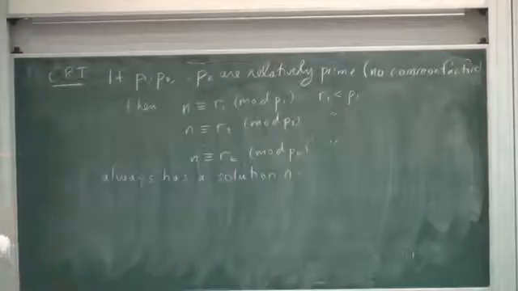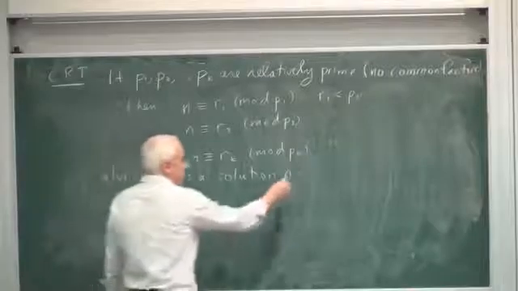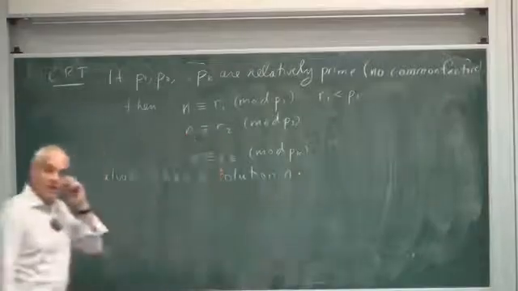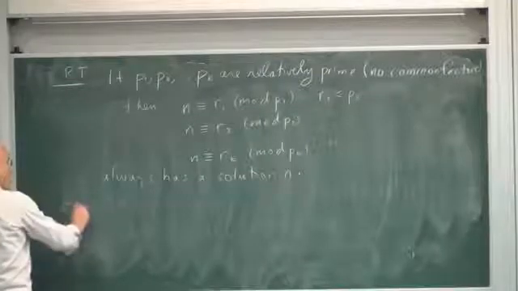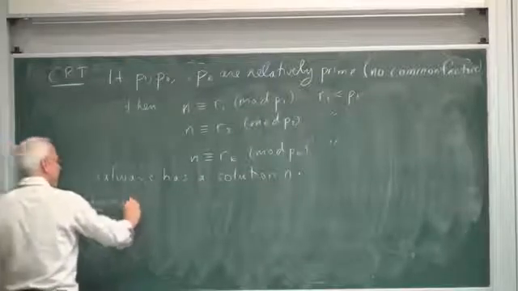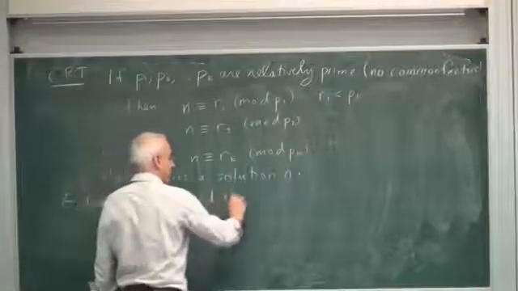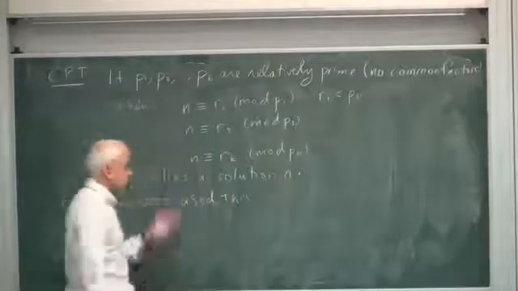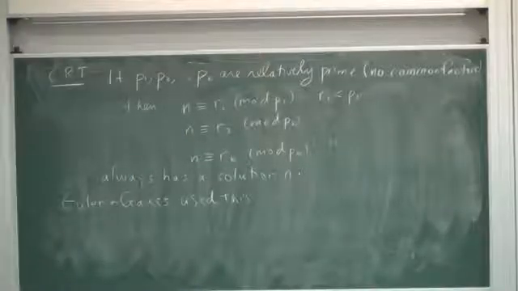We're guaranteed that there's always a solution n. It's a very pretty theorem. It's quite powerful. It has lots of applications. So later on, Euler and Gauss use this theorem in their studies. So it's a rather good and interesting result.